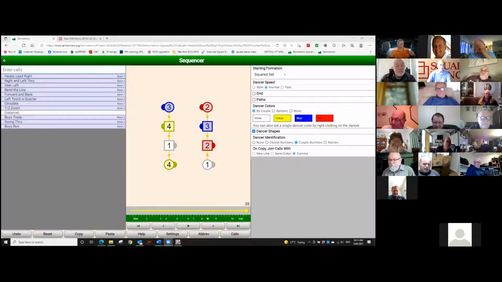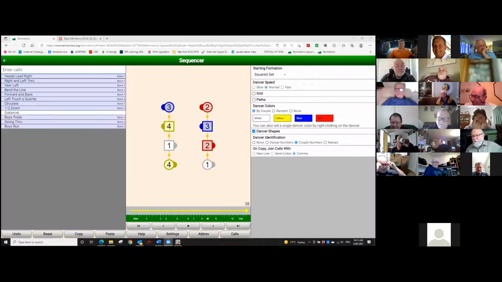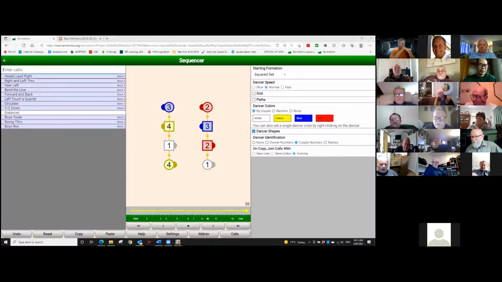If you're introducing a new concept like a half zoom from a column, you may want to give them a zoom 1.5, check your wave, or zoom 1.5 to the partner. Eventually you would wean out of those, or do a half zoom and the centers trade. But initially I would probably do a half zoom, check your wave, centers trade once or twice, and then I would drop the centers trade or the balance or whatever.